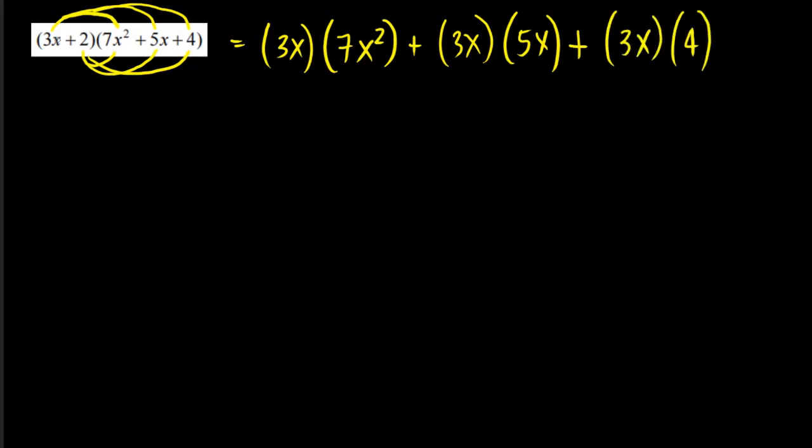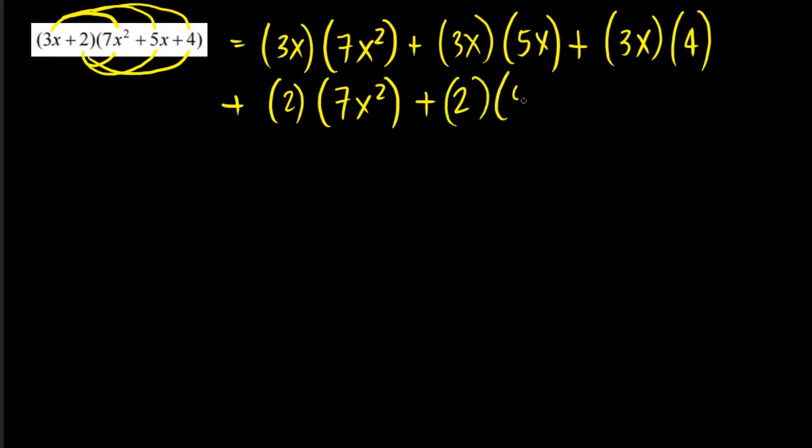So, nahumanta na ang first term na gin-multiply sa second expression. Plus, we have 2 times 7x squared plus 2 times 5x plus 2 times 4. So, all of the other terms here multiplied to 2.